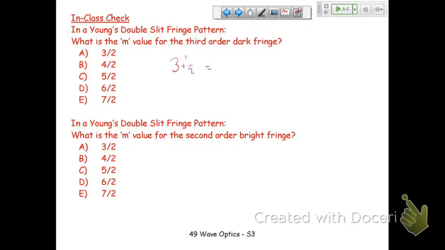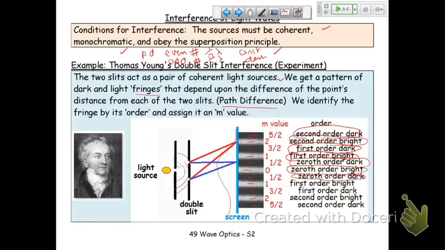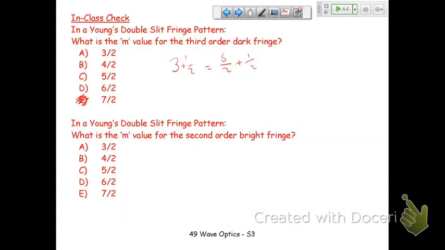That's going to be 6 over 2 plus 1 over 2, which is 7 over 2, yeah? Let's go back to our diagram. The second order dark fringe was 5 over 2. So the third order dark fringe is going to be 7 over 2. Yeah. So there's a little bit of familiarization with that.